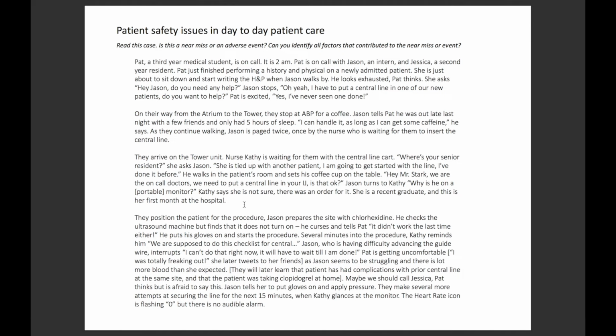Now, when you're doing a diagnostic review of a case, it's just like if you have a patient. So what I want you to do is read this case, and then with a pen and paper, write down all the problems, just as if you're writing down all the problems on a patient. What were all the things that went wrong here? And spend the time doing that, and then we'll go to the next step.